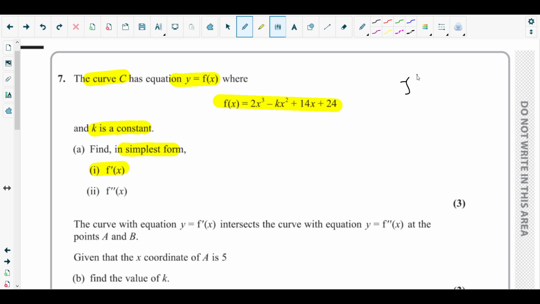Basically f dash x and dy over dx are the same thing, so we are differentiating the equation with respect to x.